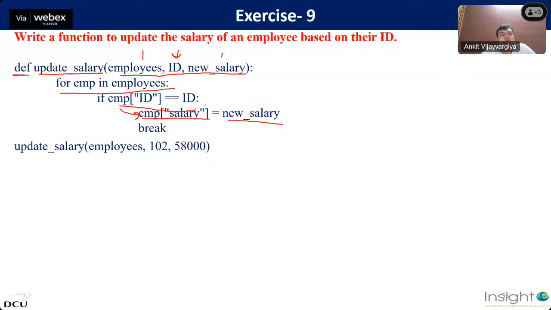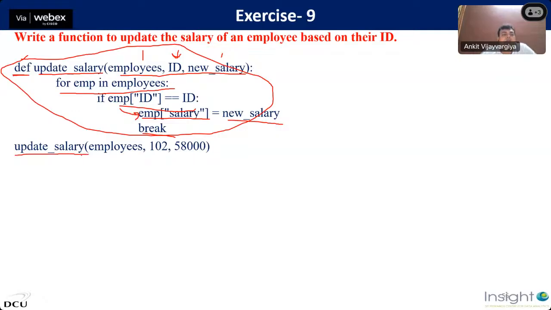And whenever it changes, it breaks and comes outside. So this is the function. And in the main function we have to call it. This is how we call it: write the function, then enter the arguments, like the employee ID number and the salary.